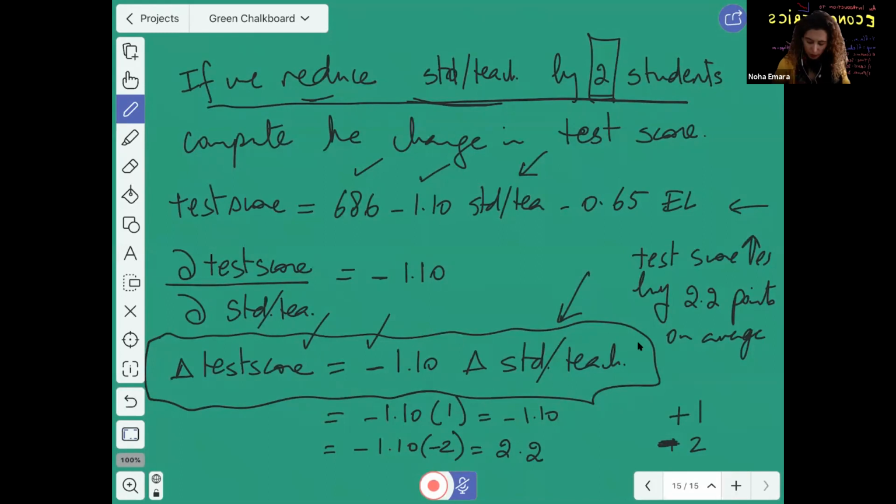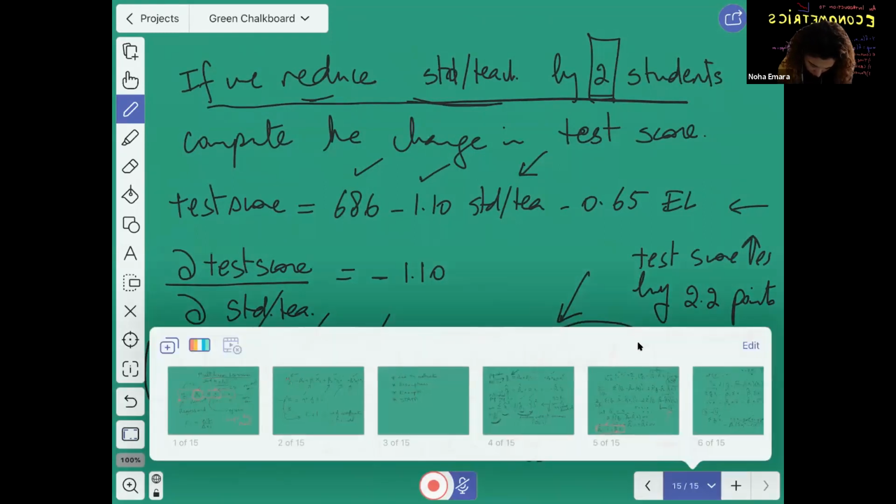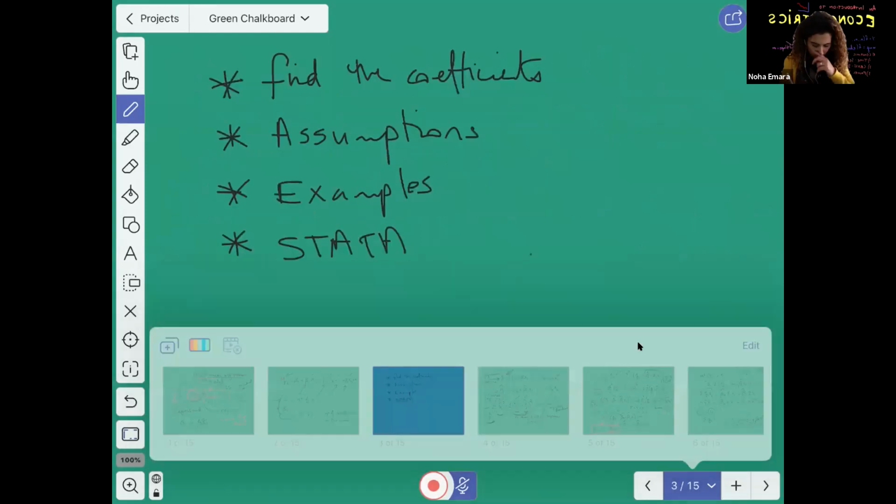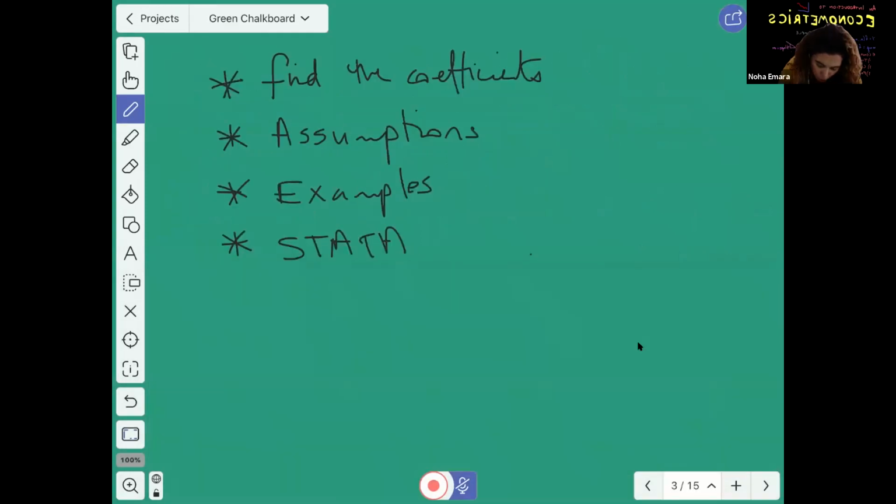The last thing I want to do is go back to our first slide. So we discussed how we find the coefficients, right? Which are the long derivations that I want you not to worry about, just to understand how Stata works in the background.